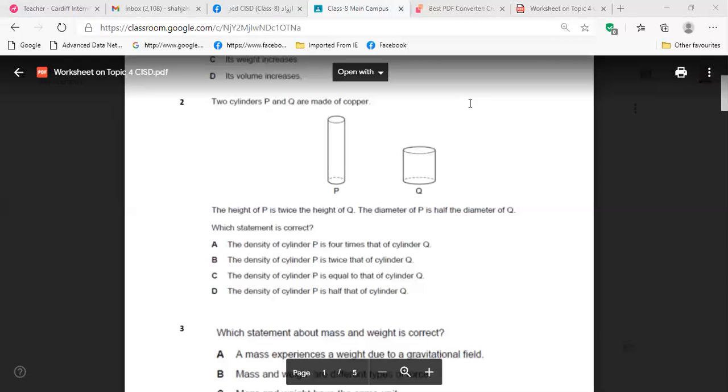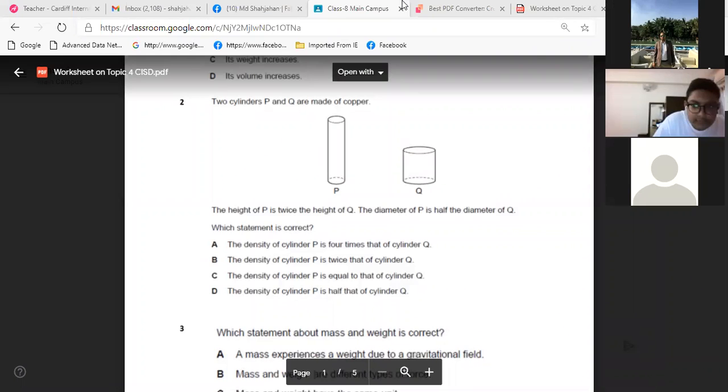Mithila, what's your answer? I'm confused. They were saying that it was done in class 7. When they saw these questions, they were jumping, saying we got it in class 7.